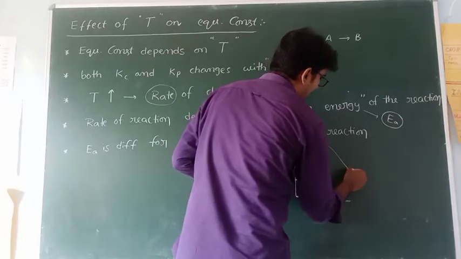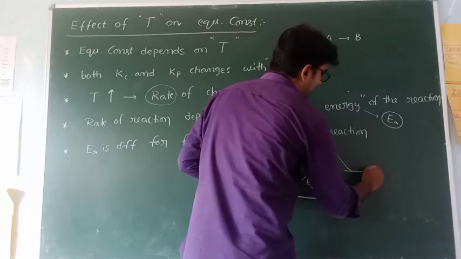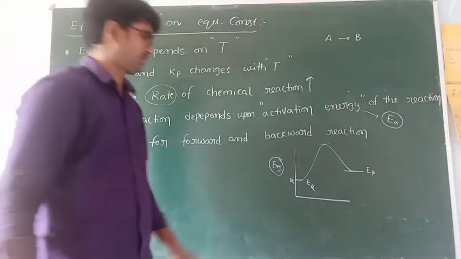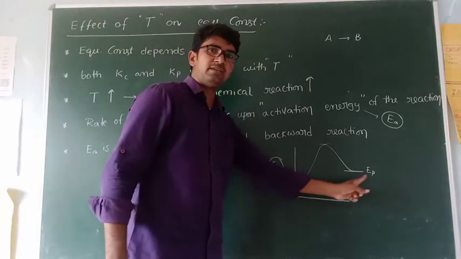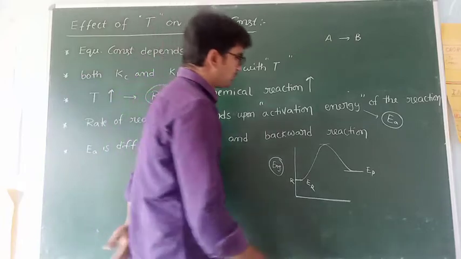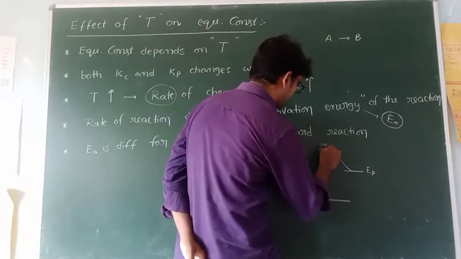Converted into products. So this is the products. EP means energy of products, and ER is energy of reactants. Do you understand? So what is this margin?